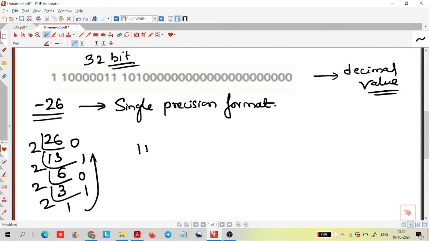So the binary is 11010. This is plus 26. Include the 0 in front: 0 11010. Let us take the 2's complement of this.